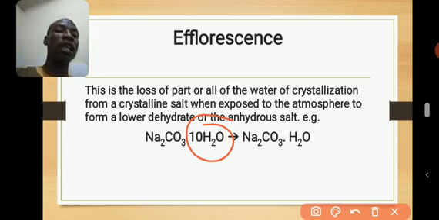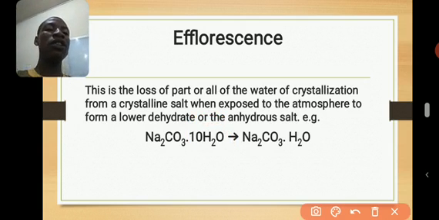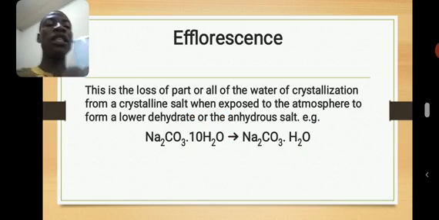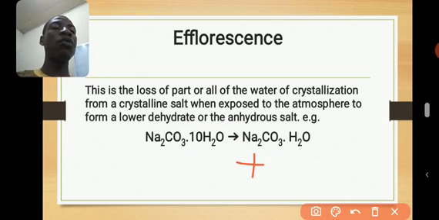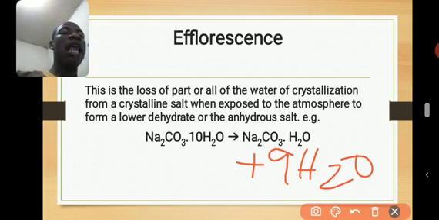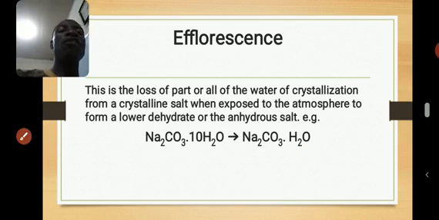But now, see what happened. It has lost 9 out of the 10. Now it remains only 1. So that is called efflorescence. If I want to complete it, I'll write 9H2O. That's what it lost.